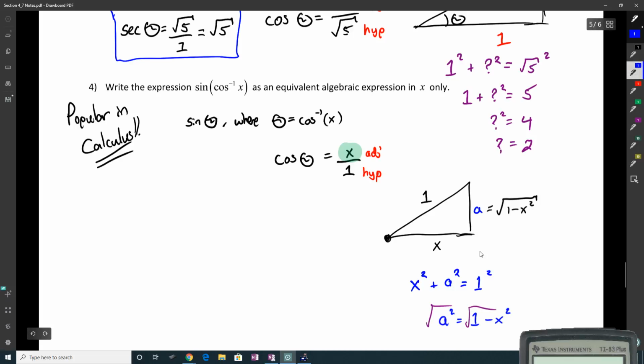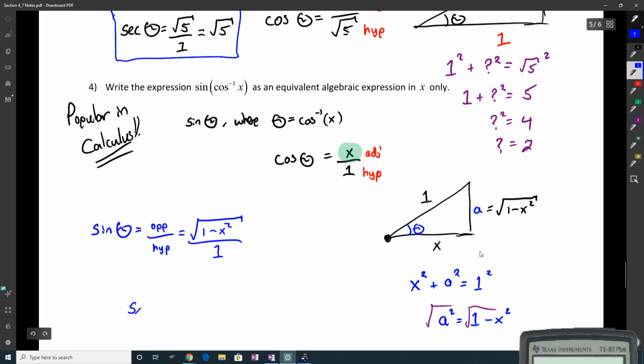So now I can find sine of theta. Sine of theta is opposite over hypotenuse. Opposite is, so here's theta. It's the square root of 1 minus x squared over hypotenuse.